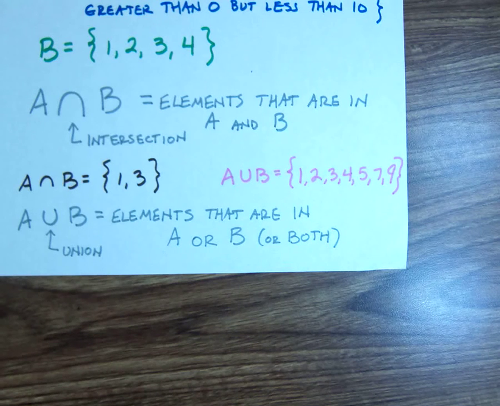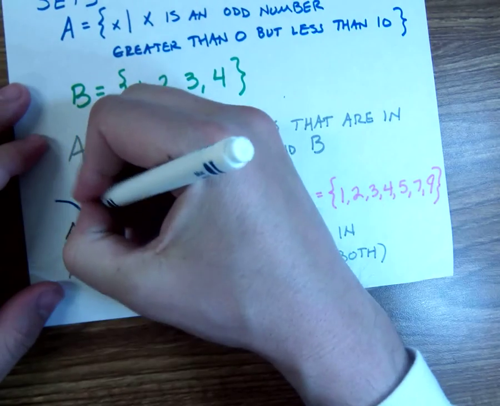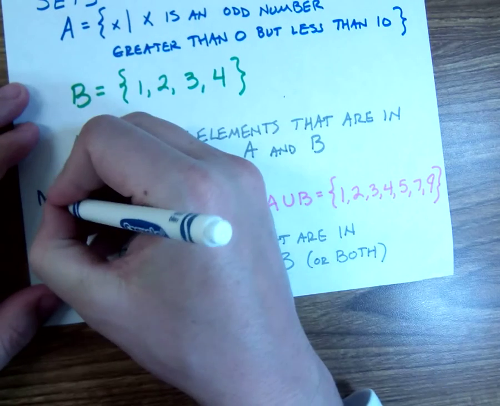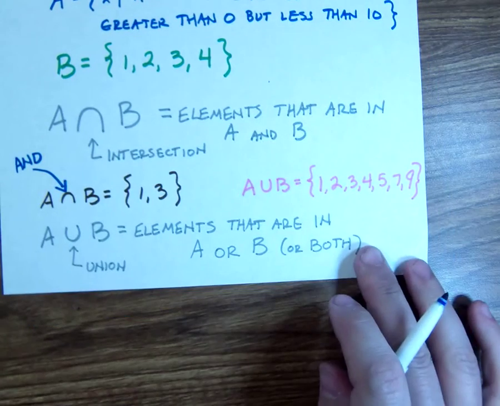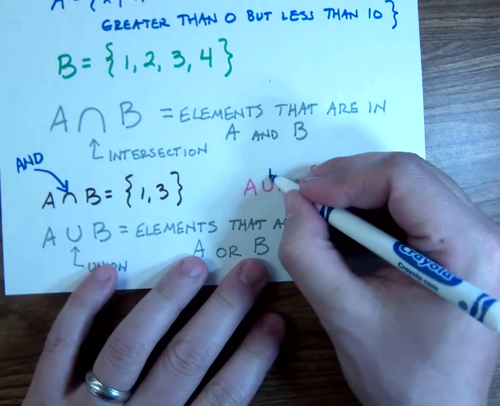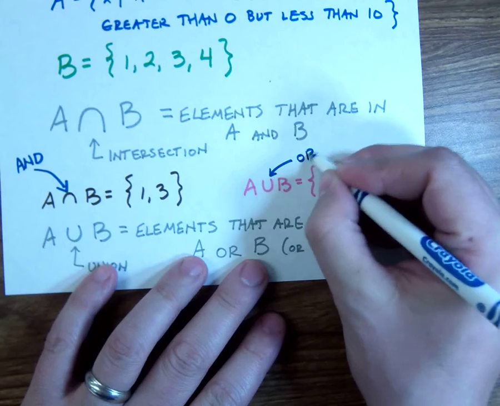Which would be a lot because there's a bunch of numbers. Okay, this is where compound comes from in compound inequalities. This symbol right here, the English word for that symbol is and. What's all the stuff that's in A and B? And this symbol right here means or.